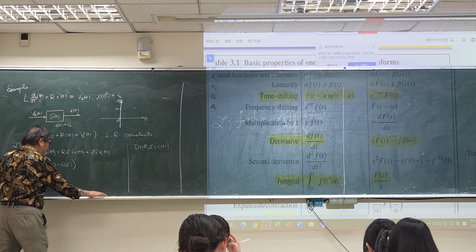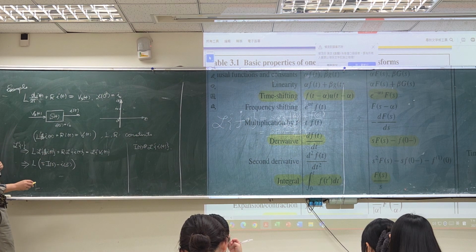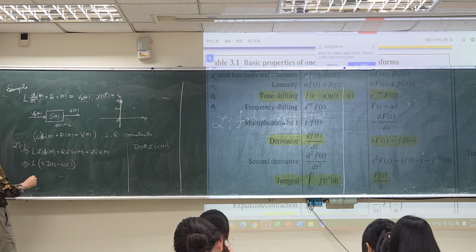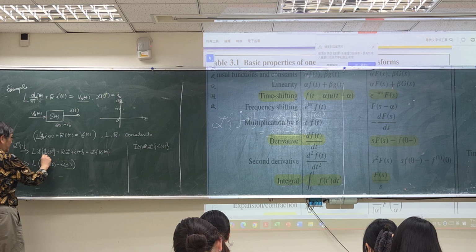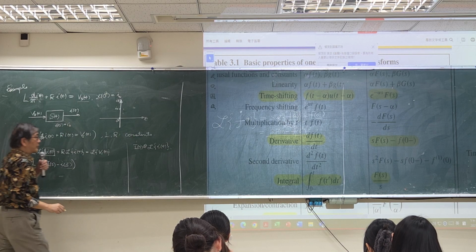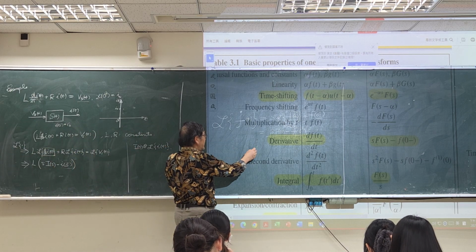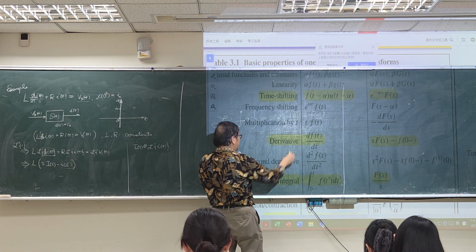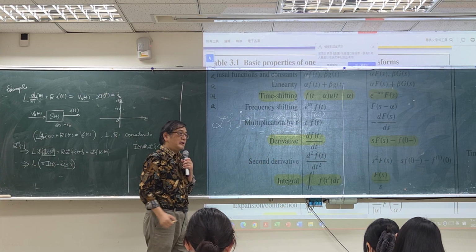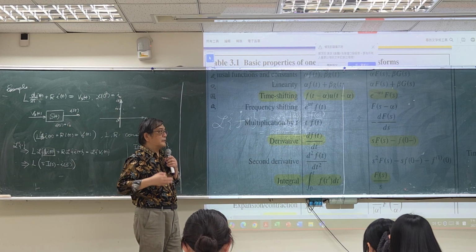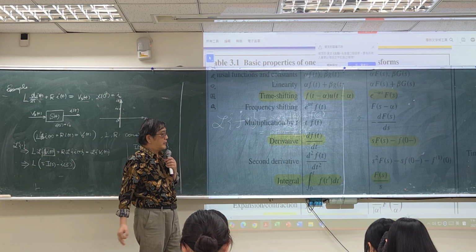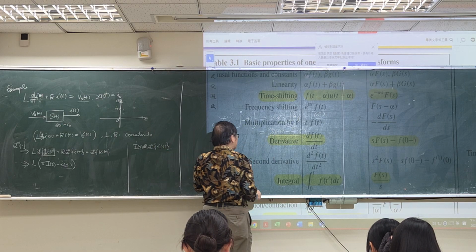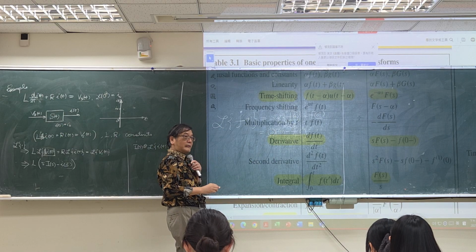Now, like I told you before, if there's no initial condition or 0 initial condition, the Laplace transform of the differentiation of a function is simply equal to s times F of s. Okay, this is 0. So in many fields, especially electrical engineering, we use s to denote differentiation. Remember that?